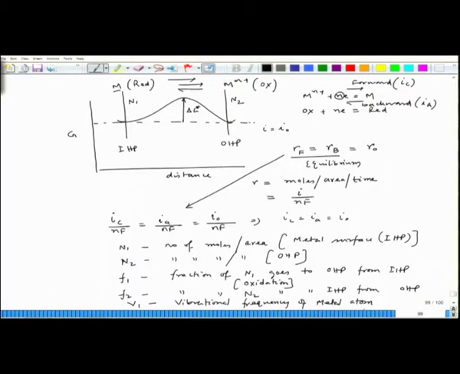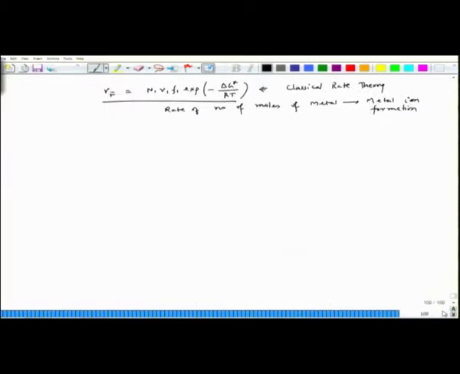It indicates that the metal atom should jump over this barrier and then go to the OHP. Similarly, the backward reaction R B would be N2 nu 2 F2 exponential minus delta G star by RT.